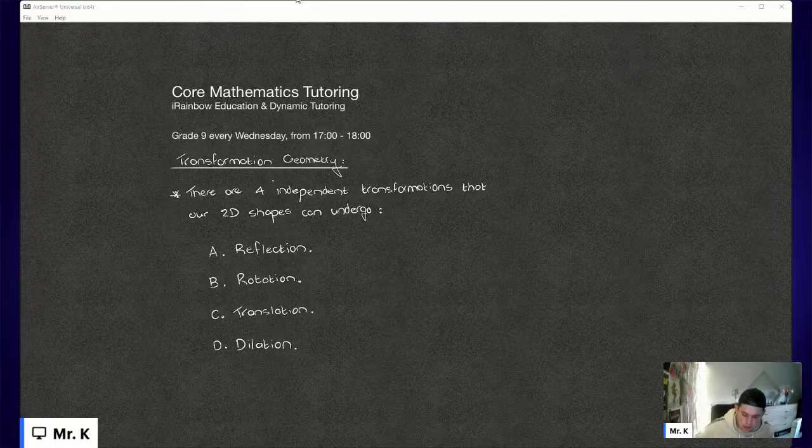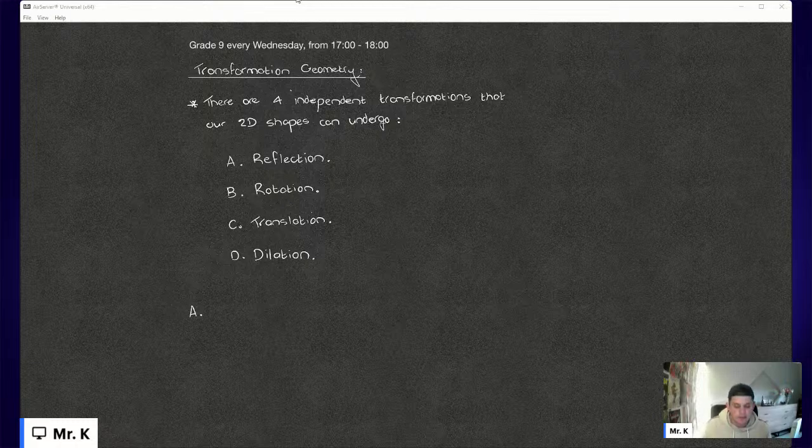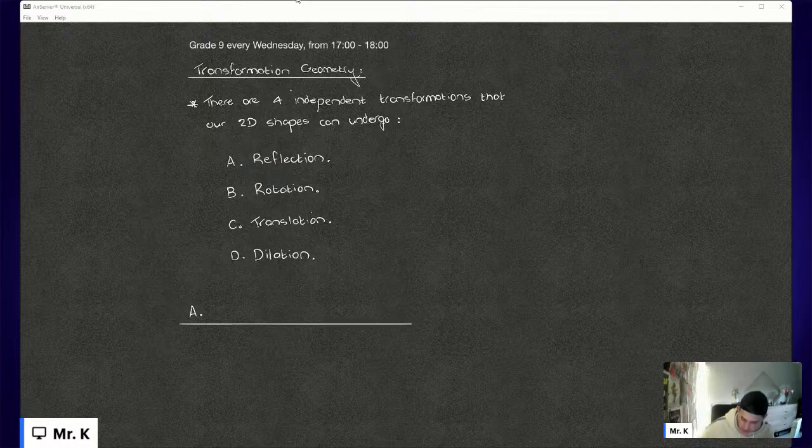So these two topics are now sort of working their way together, and we need to understand how our grids, how our coordinates are all affected when we reflect, rotate, translate, or dilate a 2D shape. So we're going to start right at the very beginning, and we're going to start with reflection of 2D shapes.